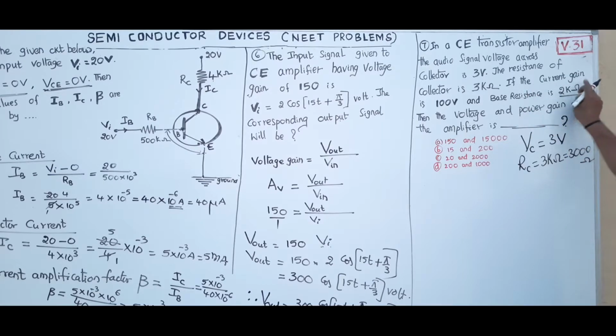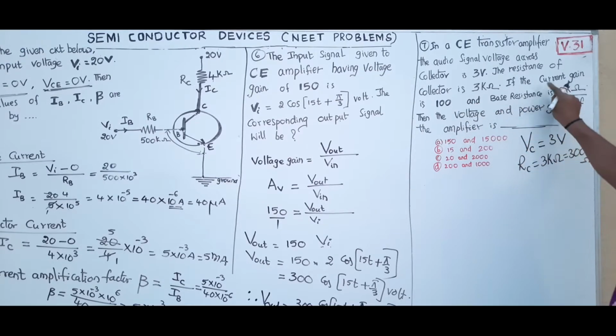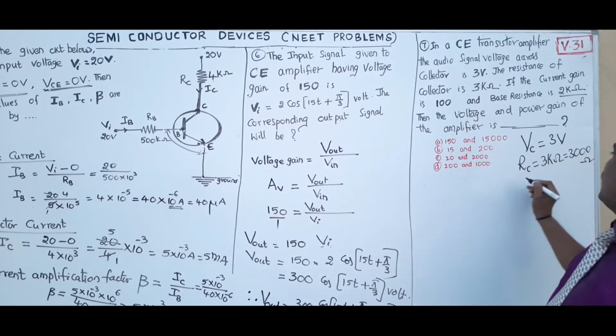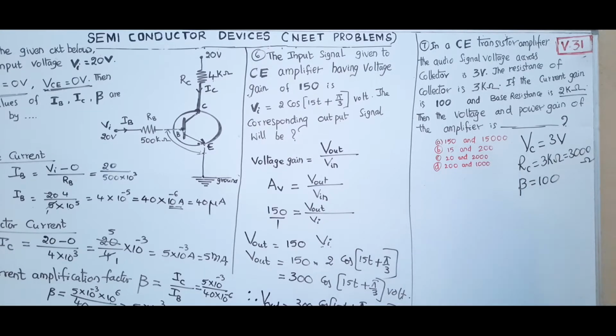If the current gain is 100, current gain means beta, that is given as 100, and base resistance is 2 kilo ohm, that is 2000 ohm.